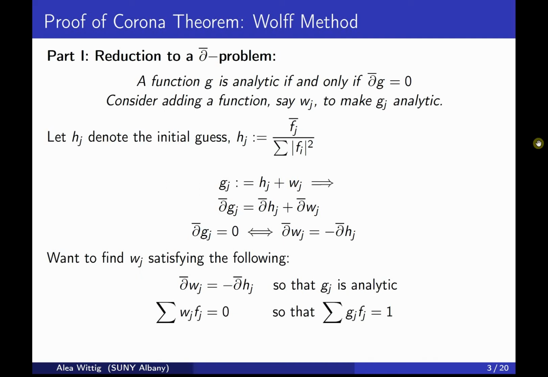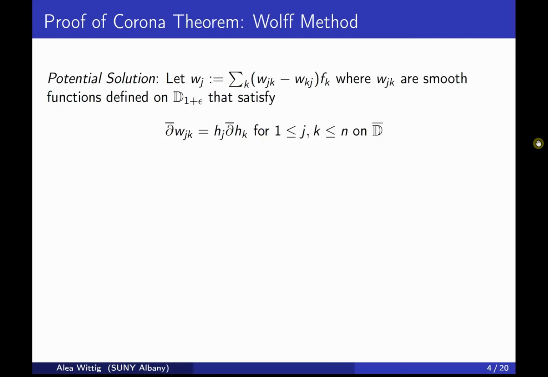And we also want the sum of the product w_j f_j to be 0 so that we still have condition C satisfied. And we also need the supremum norm to be bounded so that the g_j is in H infinity. So now a potential solution is found using some algebra techniques, and it's given in terms of smooth functions w_jk defined on a slightly larger disk, satisfying this new d-bar equation on the closed disk.